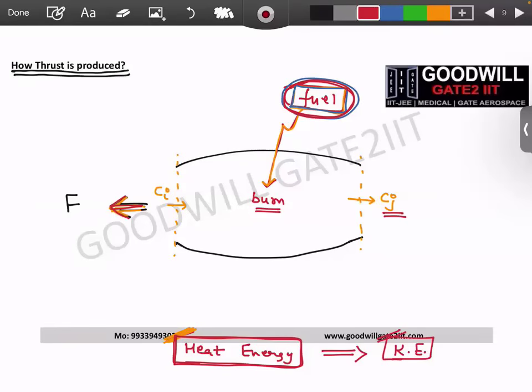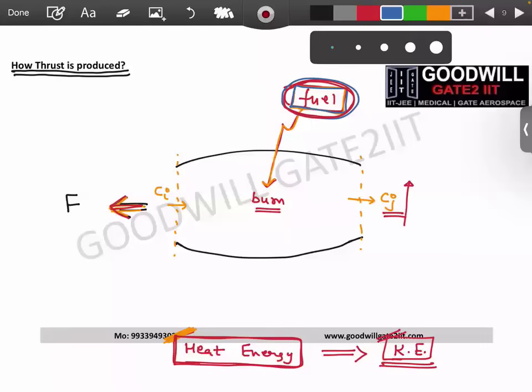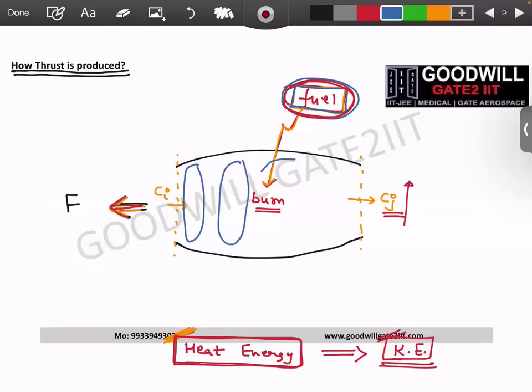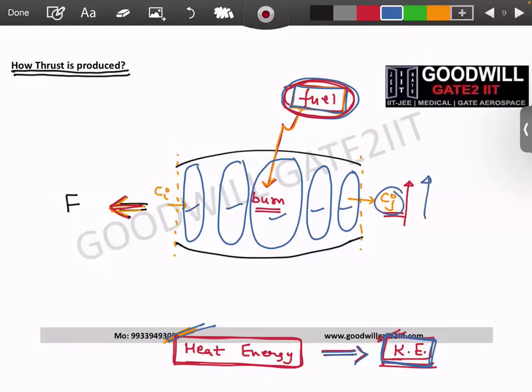And to do that conversion properly, so that you have a high value of Cj, you do it with individual components. You install an intake, a compressor, a combustion chamber, a turbine, and a nozzle, just to do this conversion properly. Because if everything works properly, you have high Cj, you have high thrust, and your aircraft happily flies.